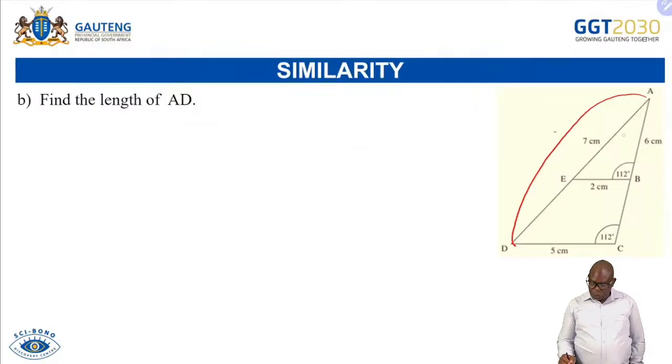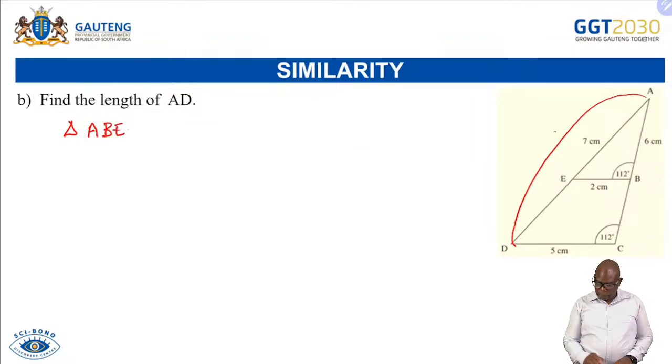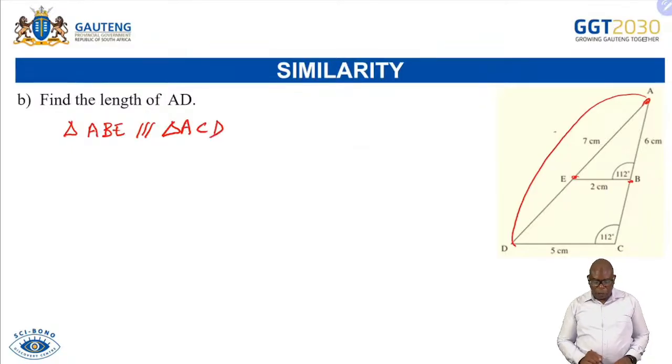Remember, if the two triangles are similar, we said triangle ABE is similar to triangle ACD.